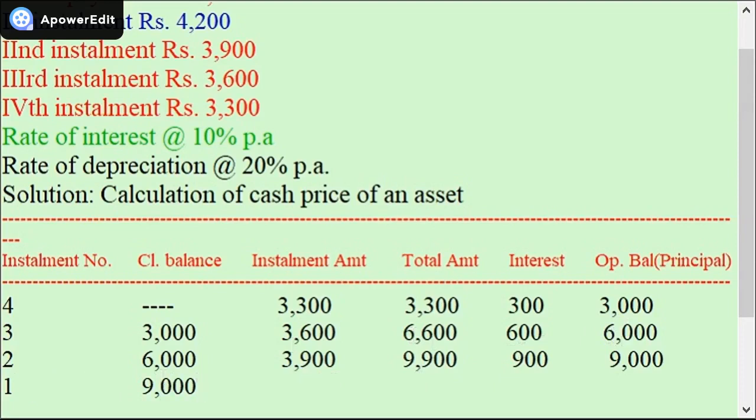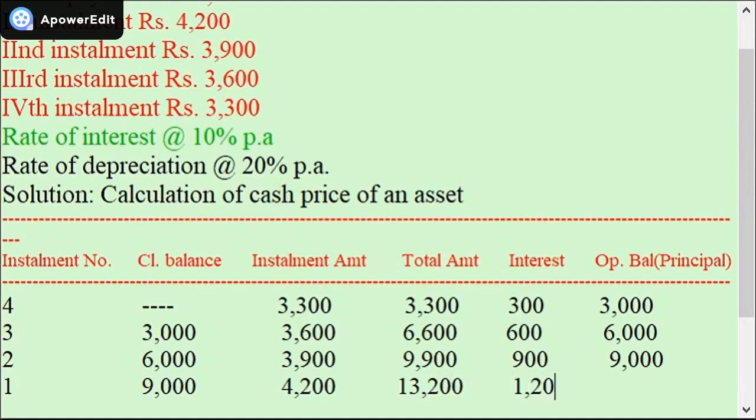And the first installment is 4,200. And total amount is 9,000 plus 4,200, that is 13,200, in which interest of 10% is included.